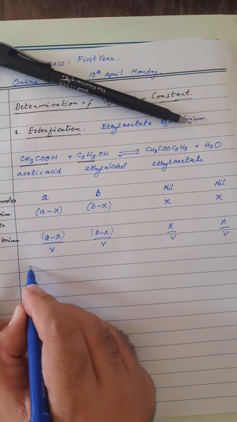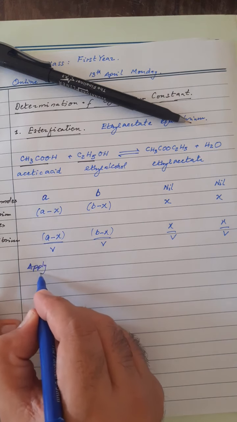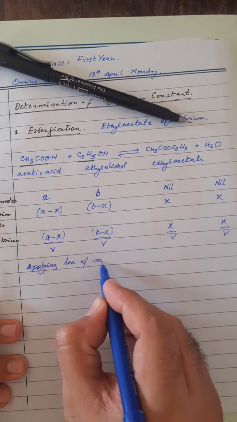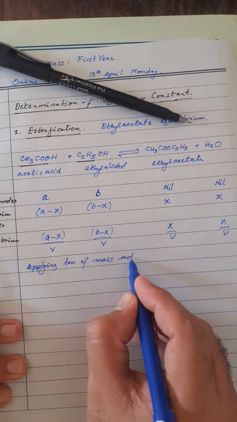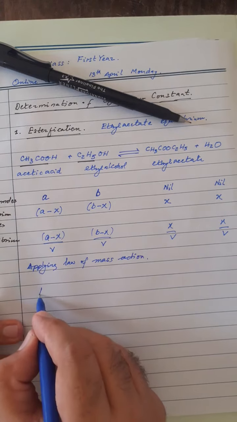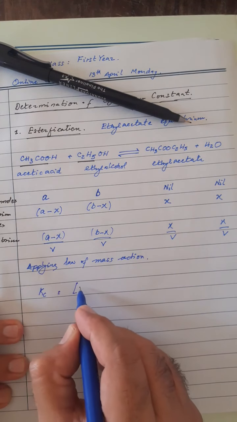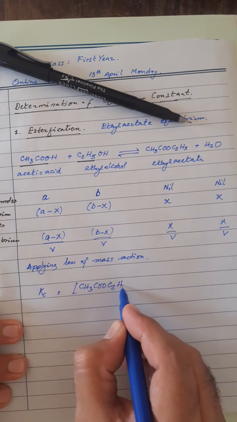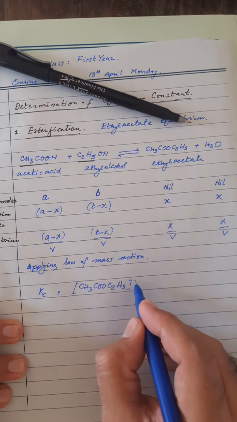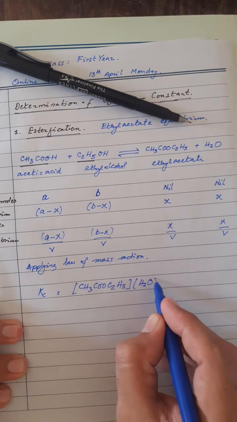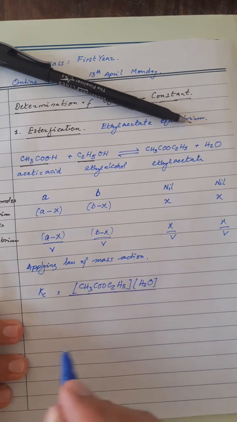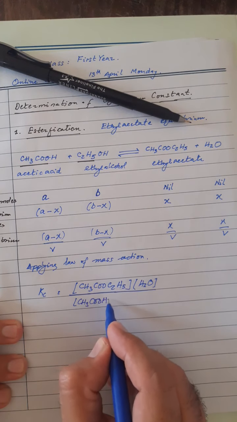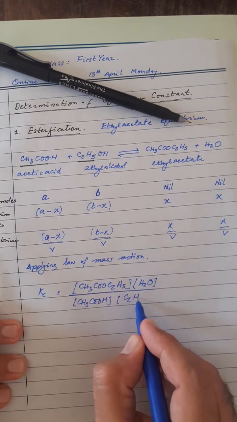Now applying the law of mass action. If you apply this law, then Kc will be the active mass of the ester, CH3COOC2H5, and water, divided by CH3COOH and C2H5OH.